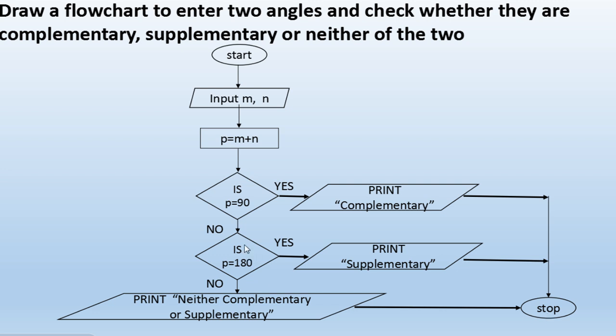And if it is no, it will check for 180 or not. If the sum is 180, then it will print supplementary and stop. And if it is not complementary or supplementary, then you will have to print a message that it is neither complementary nor supplementary, and then from here it will go and stop.